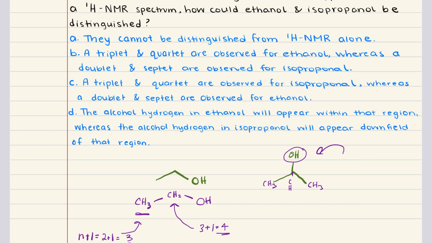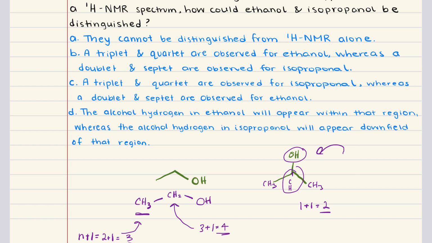This time, the 2 methyl groups are equivalent, and they each have 3 protons, and they're both adjacent to the same CH group. So each methyl group sees 1 proton next door, so that's 1 plus 1, and that gives us 2 peaks. So that gives rise to a doublet.